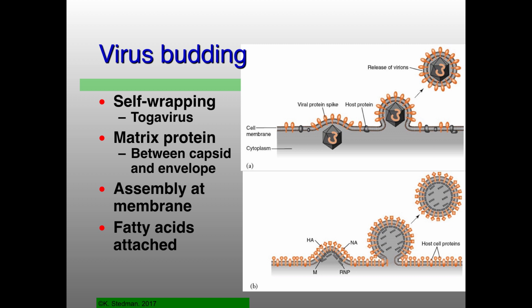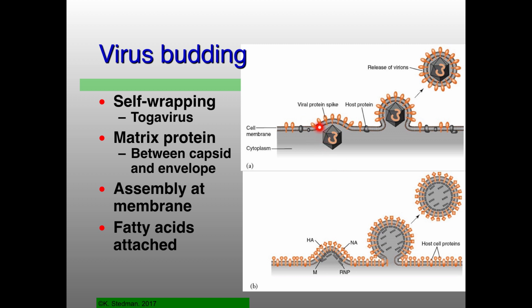So there's got to be some way of getting your virus genome, and in some cases you'll have a capsid as well as the virus genome, ready to the place where all of these virus envelope proteins are. And so that's what I tried to talk about here, but I think I did a crummy job of talking about it the first time around.